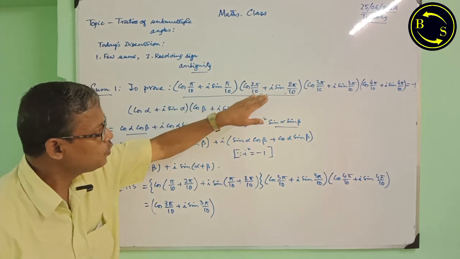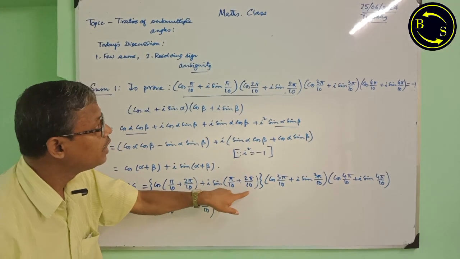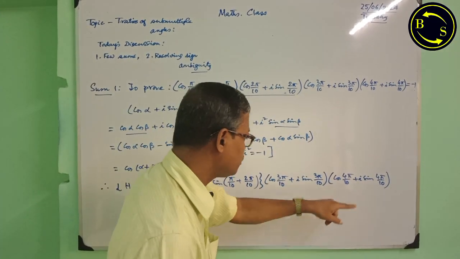Taking the product of these two, we first get this one, then the remaining expressions.